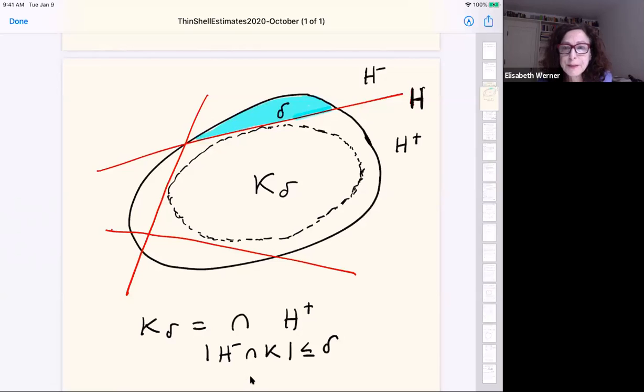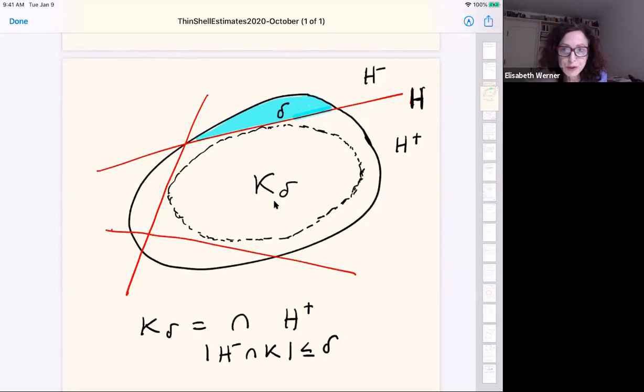We pick the hyperplanes H so that the volume of H minus intersected with K is smaller or equal than delta. Then we take the intersection of all the opposite half spaces H plus. If we do that, for every possible position of a hyperplane H, we get a convex body that sits in K, and that we call the floating body.